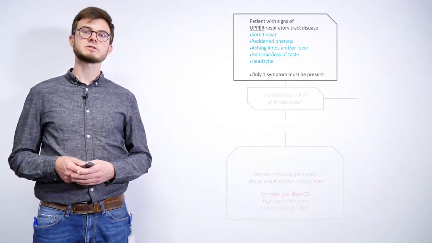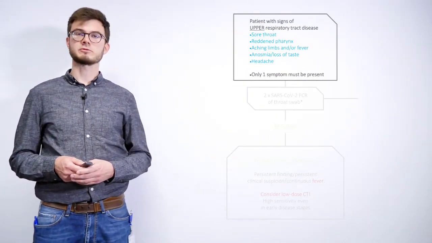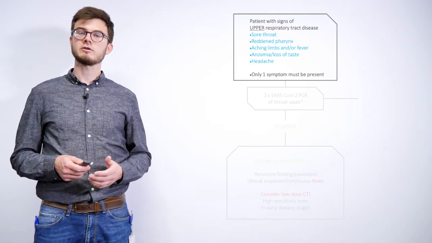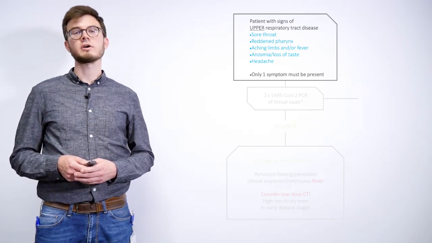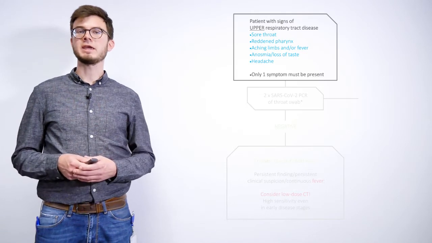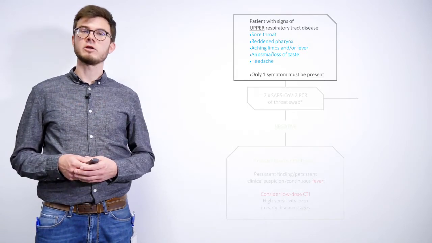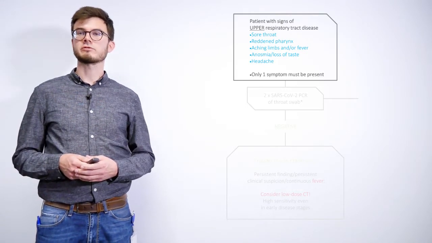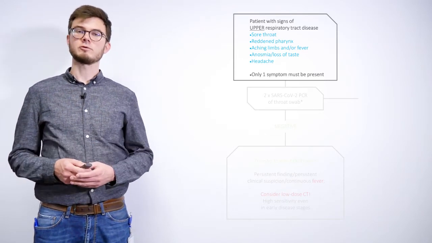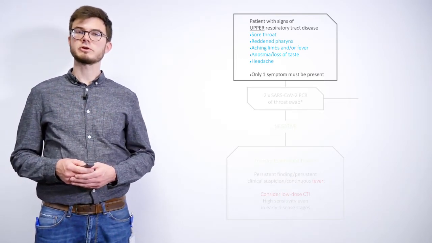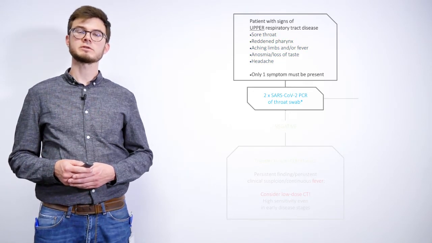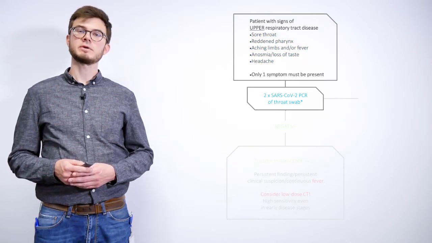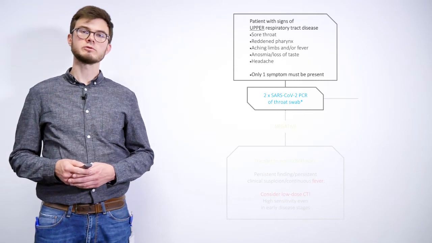That means patients with upper respiratory symptoms such as cough or sore throat, reddened throat, body pain and fever, anosmia or loss of taste, and also headaches. If one of these symptoms is present, we perform a swab from the throat of the patients and examine it via PCR for SARS-CoV-2.